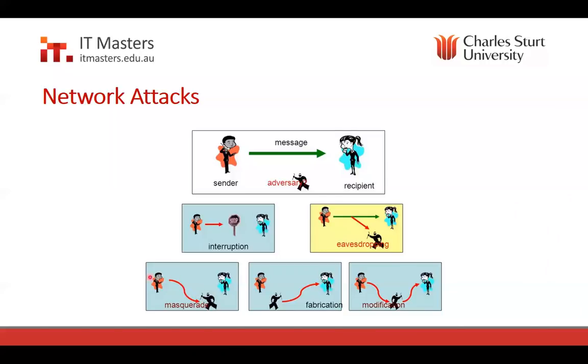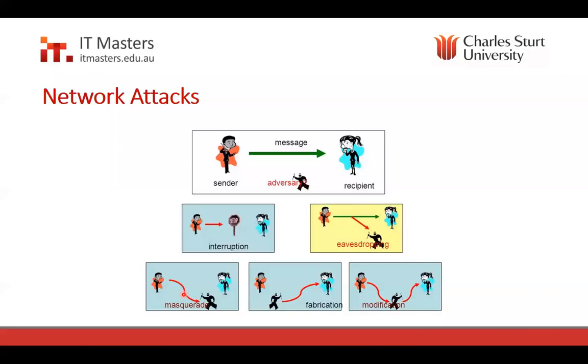And the sender certainly doesn't, because they're convinced that the adversary is the person they think they're communicating with. So they can masquerade, and therefore confidentiality, maybe integrity if you combine it with the next two, fabrication or modification.